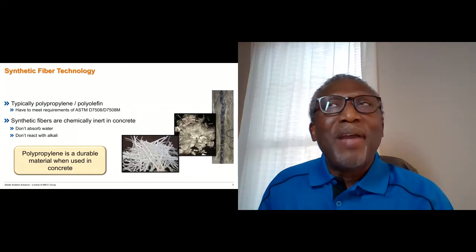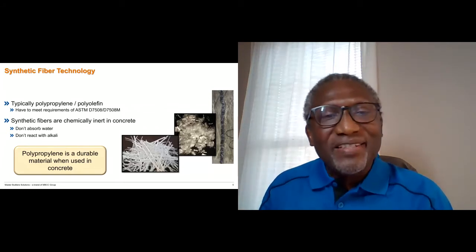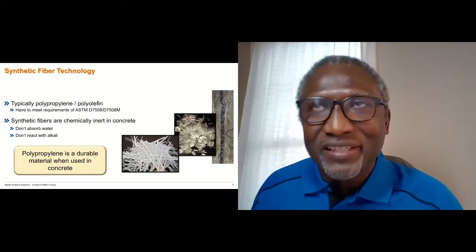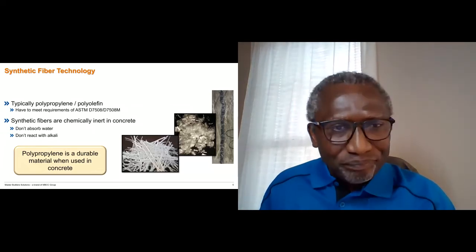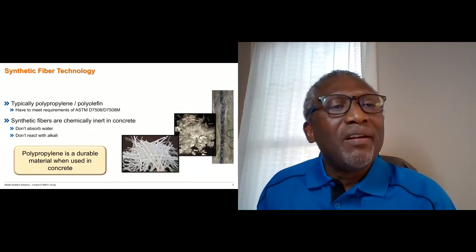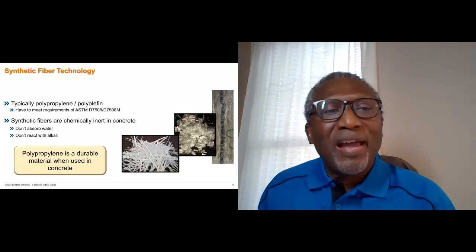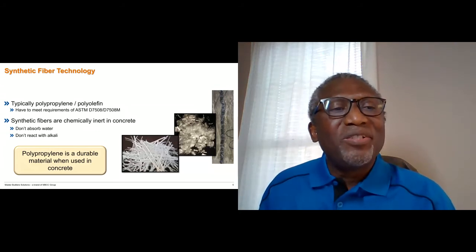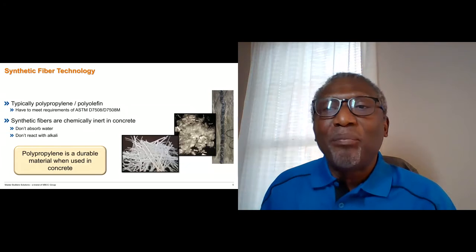polypropylenes. And the best way to think about them is think of plastic. Plastic is an inert material. That's why it's such a big issue now with all the waste plastic that we have in the oceans. The polypropylene polyolefins do not absorb water, and also they don't react with alkalis, which is very, very important.